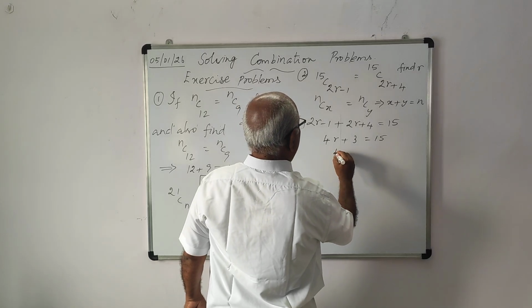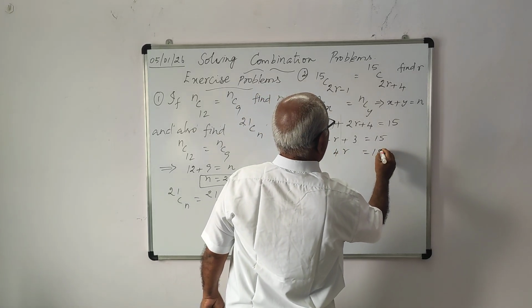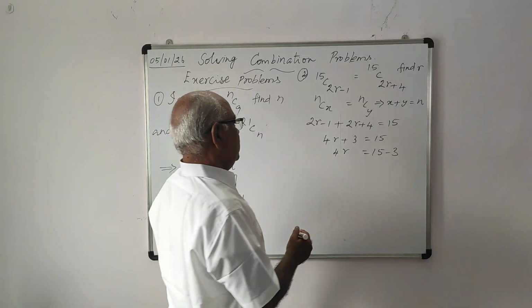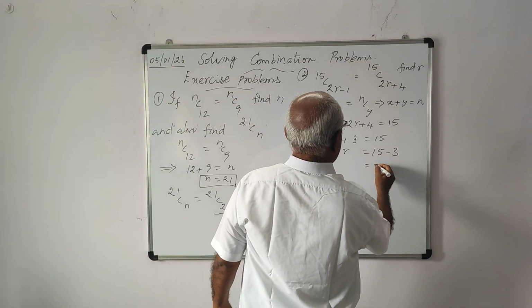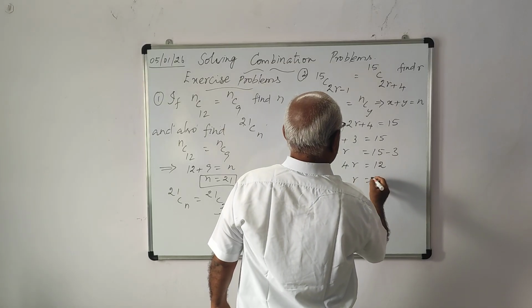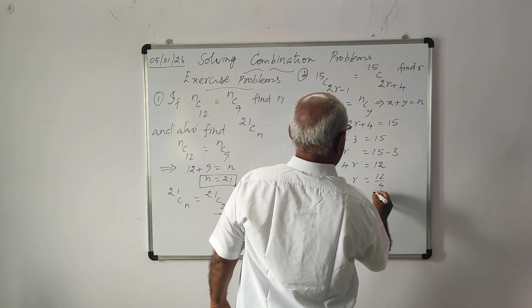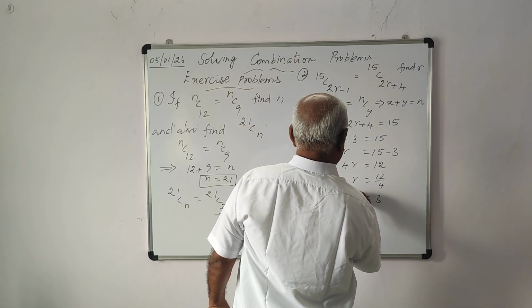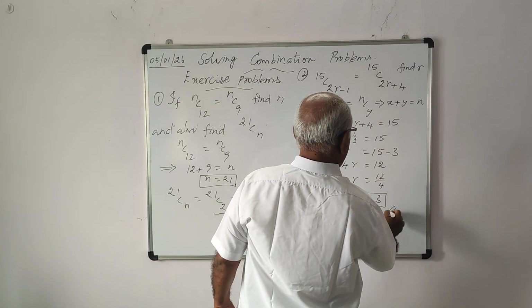This is 4r equal to 15 minus 3. If you bring it to the right hand side, it is minus 3. 4r equal to 15 minus 3, 12. 4r equal to 12, r equal to 12 by 4. That is equal to 3. r equal to 3. That's all about this problem.